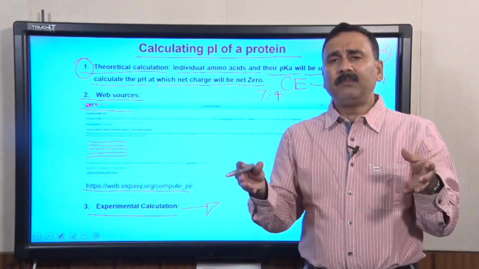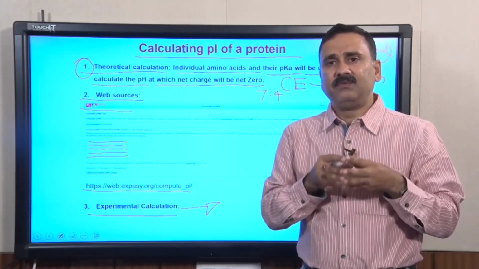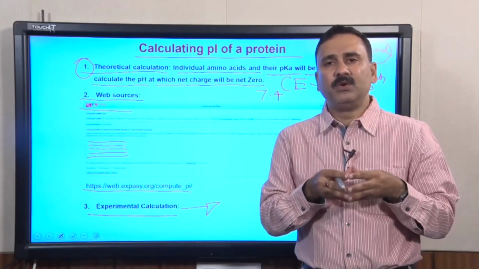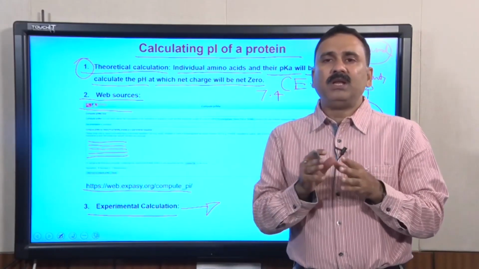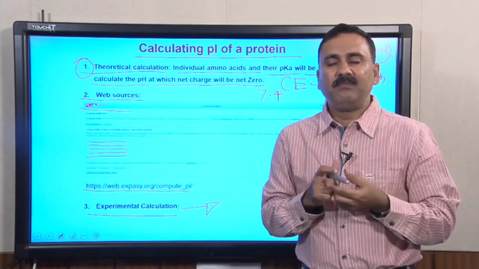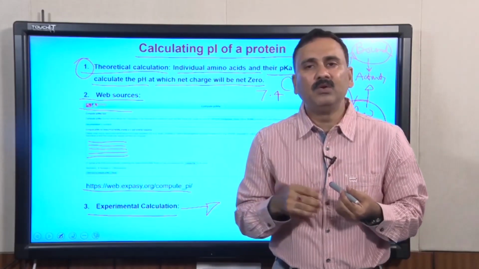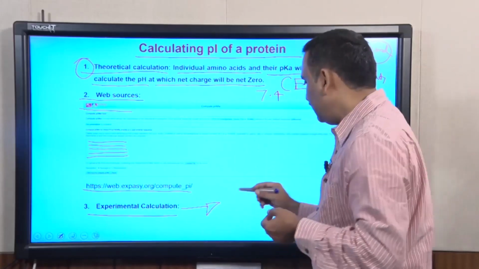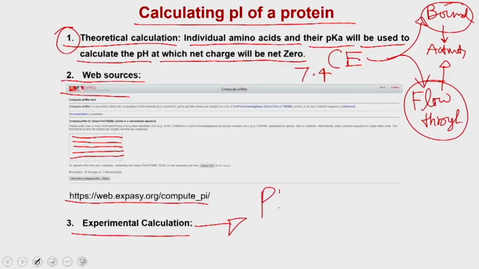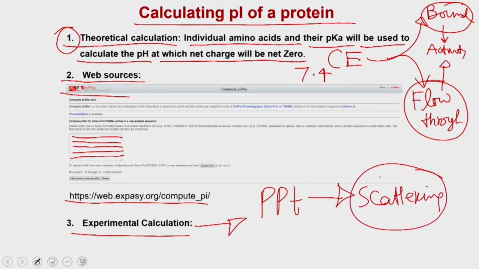But at the pI value, when the net charge is 0, the protein is going to be the least soluble, and because of that the protein will start to precipitate. When the protein makes a precipitate, it gives very high scattering. Now, scattering can be measured by taking an absorbance at 660 nanometer.